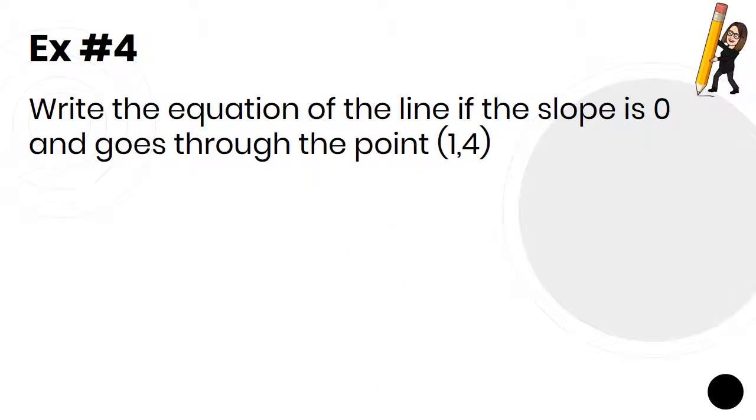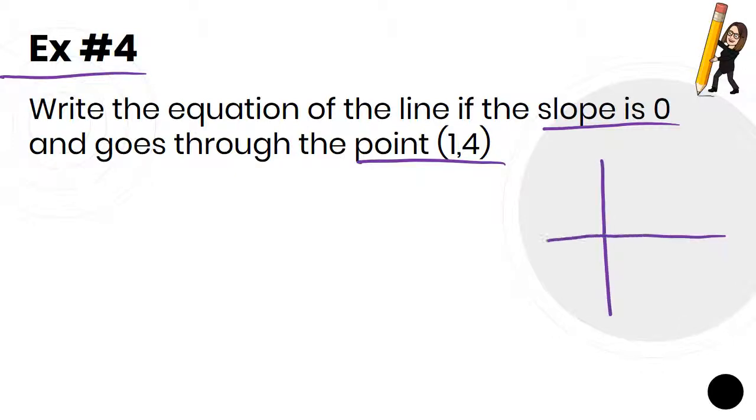All right, one more. Please write EX4. Slope is 0. Point is 1, 4. All right, let's take a look. Before I get going, I've got a 0. Anytime there's a 0, there's something unique. Okay, let's talk about this graphically. You don't have to jot this down, just think about it. If I'm at the point 1, 4, that would be right here.